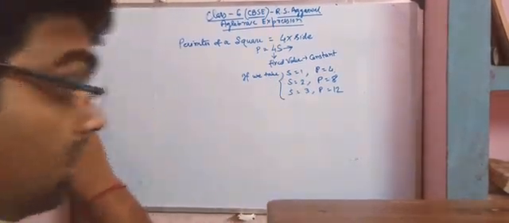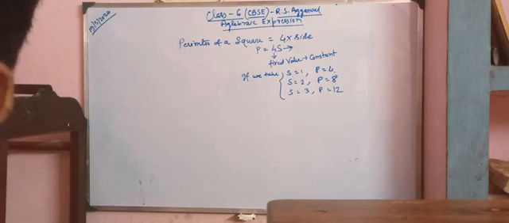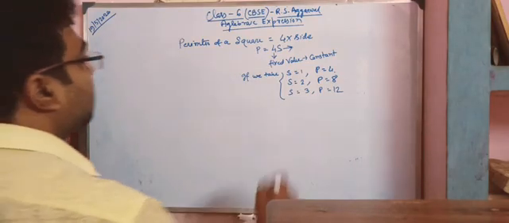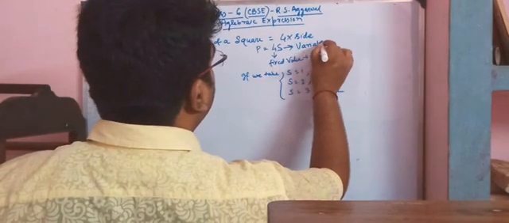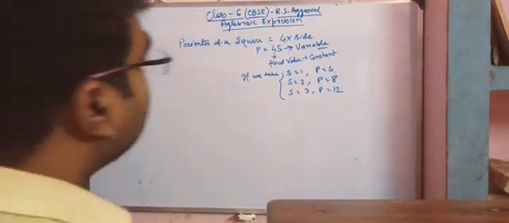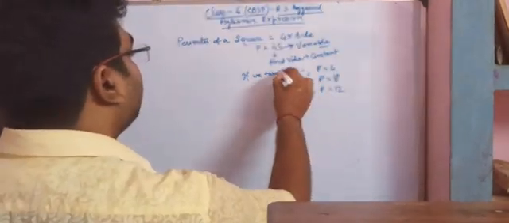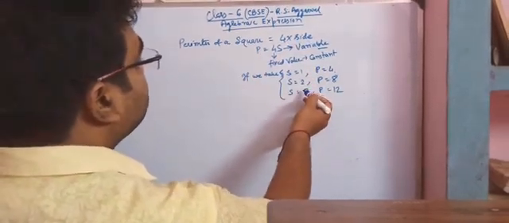Now from here we reach a new thing that is called the variable. It means the value of s cannot be fixed; it changes. If we take 1, then it is 1. If we put 2, then it is 2. If we put 3, then it is 3.